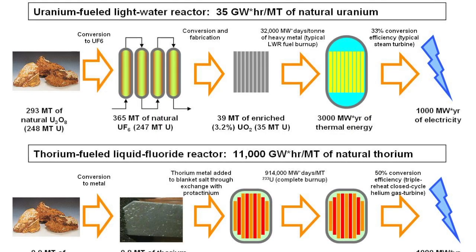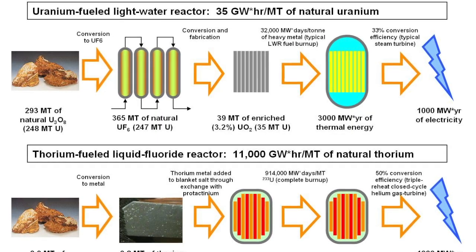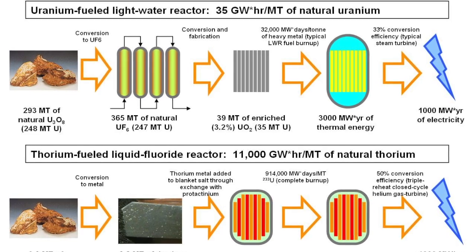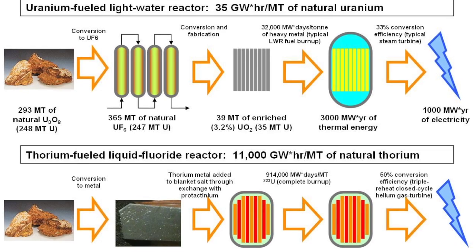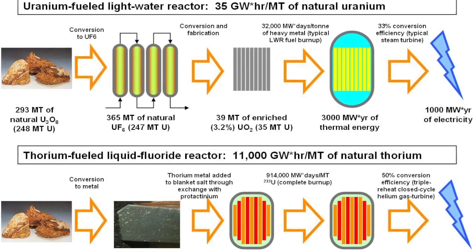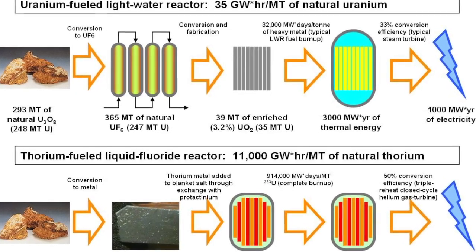Since thorium is a better fuel source than uranium, why don't we use thorium as a nuclear fuel in the present day, and why haven't governments pushed for the use of thorium to drive nuclear energy production?